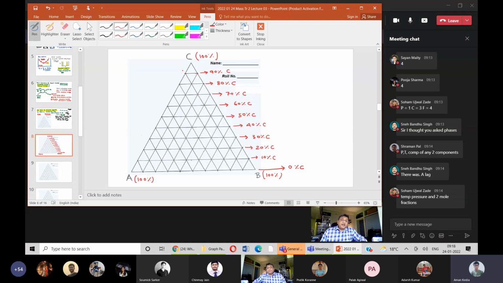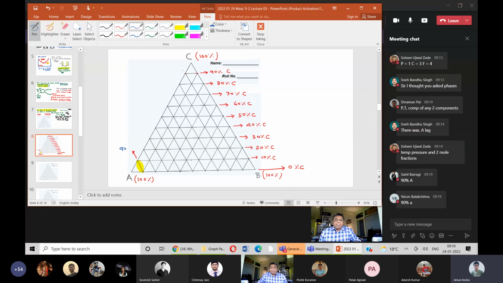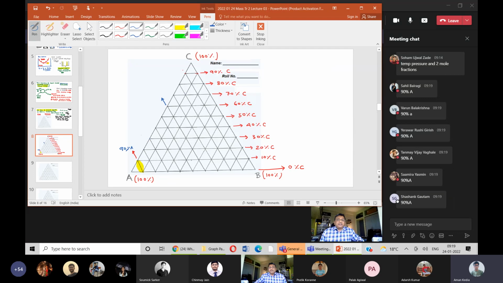So this line, what is this line going to give? Just look into the formalism of C and find out what this line is going to give. This particular line. 90% A, very good, Sahil. Right? And what about this line? 90, 80, 70, 60, 50, 40.